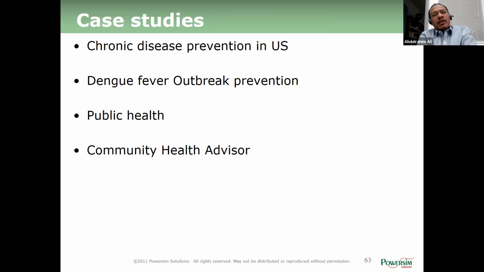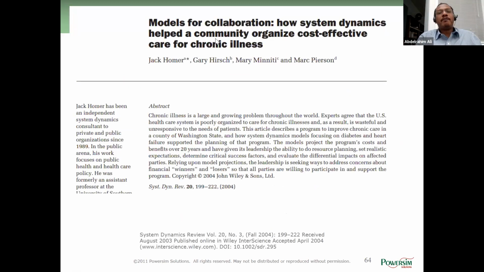In the last part, I will just share the titles of these papers that you can look at by yourself. In this paper they use system thinking and dynamic modeling. Model for collaboration: how system dynamics help a community organize cost-effective care for chronic diseases.